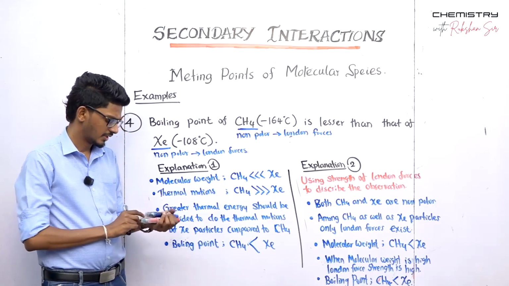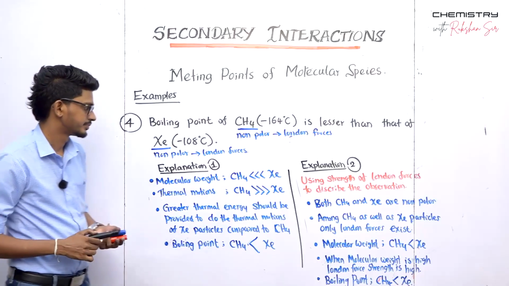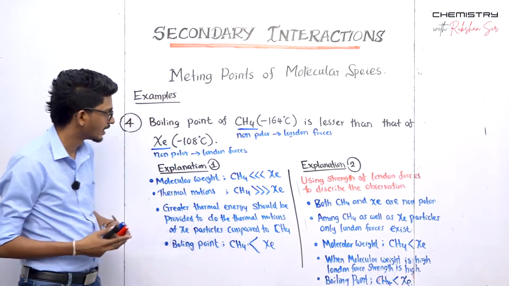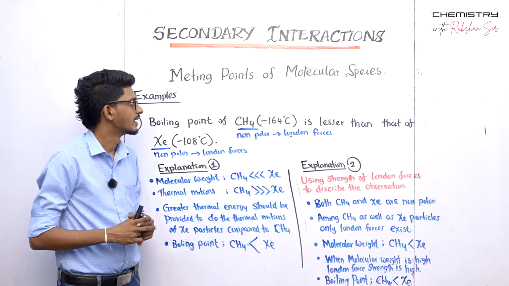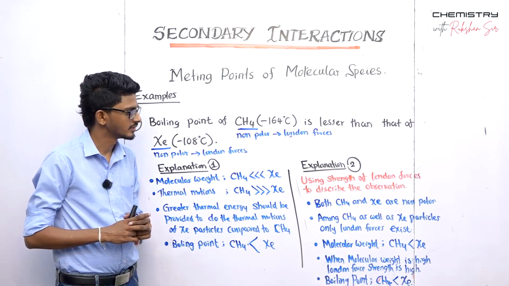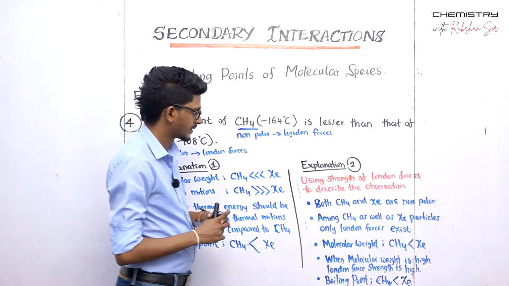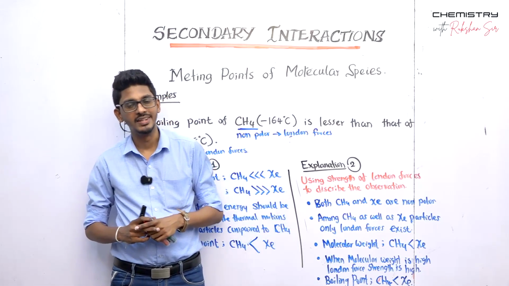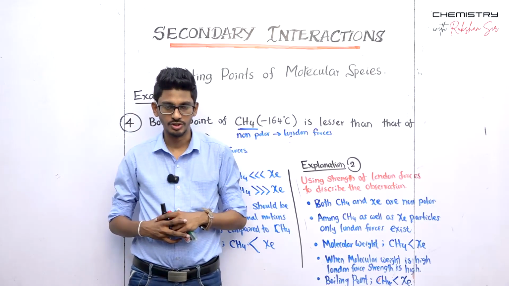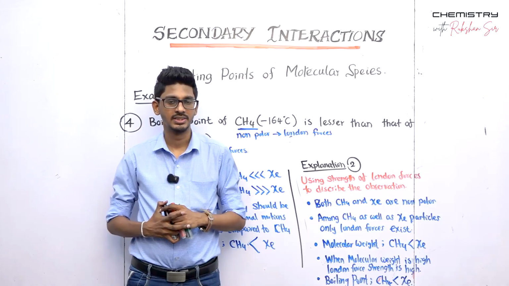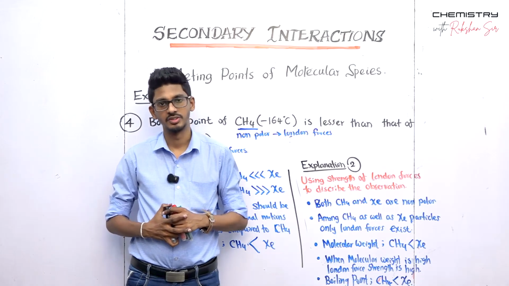So this is the fourth example we have discussed with the boiling point variation. That is all actually what we have to learn with the secondary interactions. With this, let's wind up at this stage for the secondary interactions.